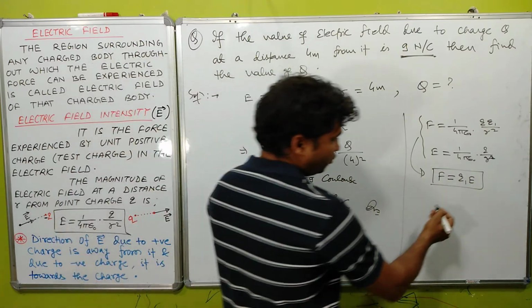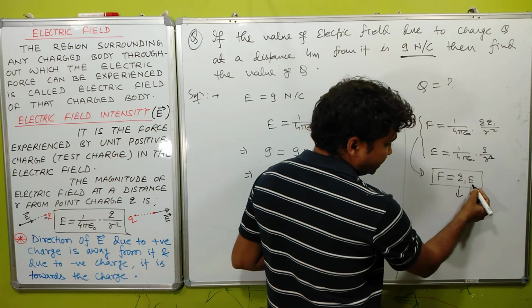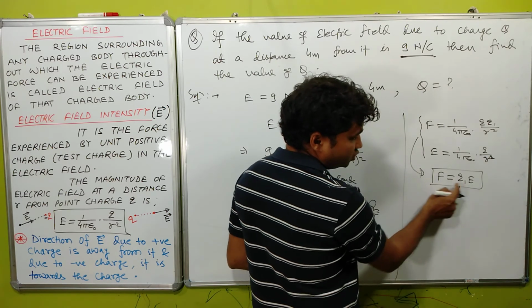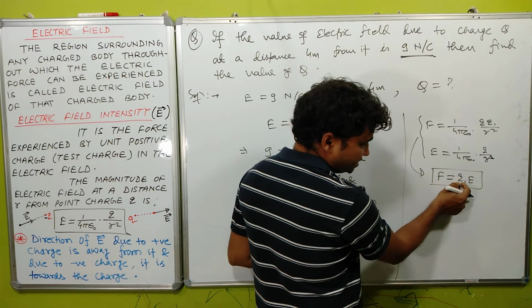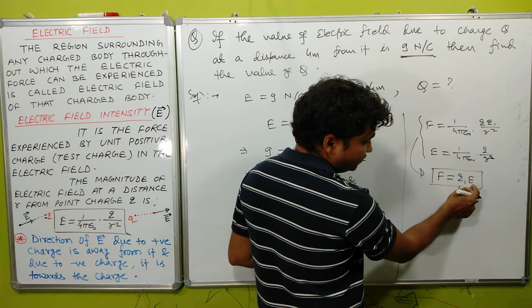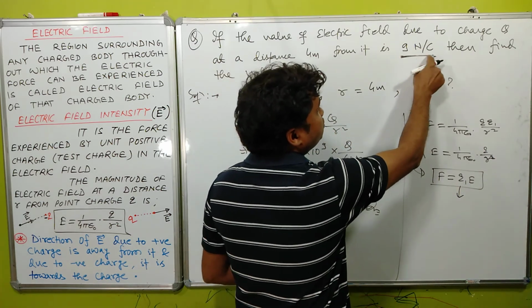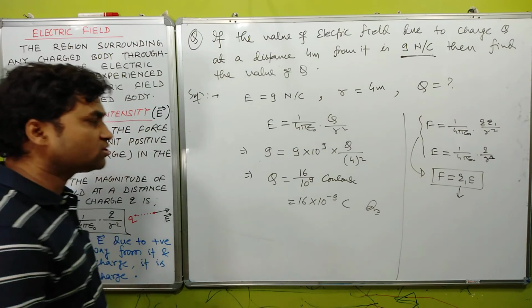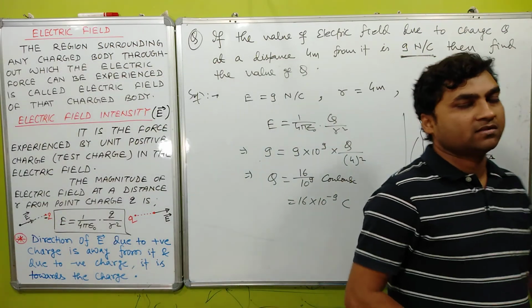And from here you can write down the unit of electric field. E equals F by Q1. The unit of force is Newton, the unit of charge Q1 is Coulomb, and so the unit of electric field will become Newton per Coulomb. The same thing is written here, Newton per Coulomb. Okay, student. So now we will see further in the next class, next topic.